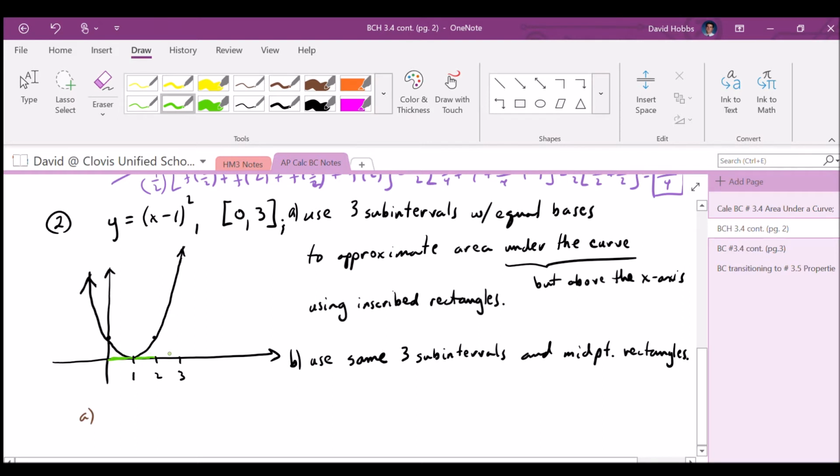In inscribed, sometimes they will come up with a ridiculous approximation, just to see if you follow directions and you know the rules. So in this particular instance, there's a GCF of the delta x, which is 1. This is inscribed.